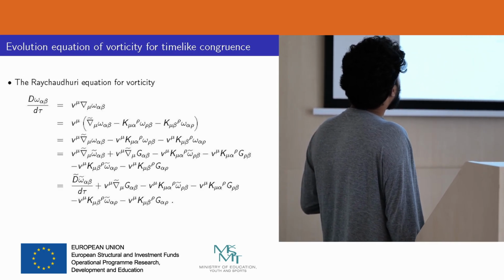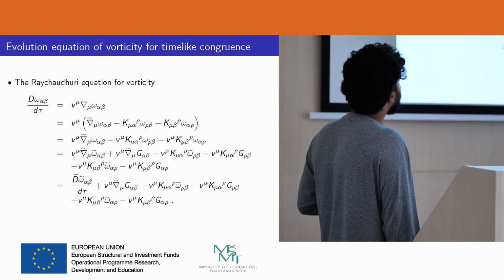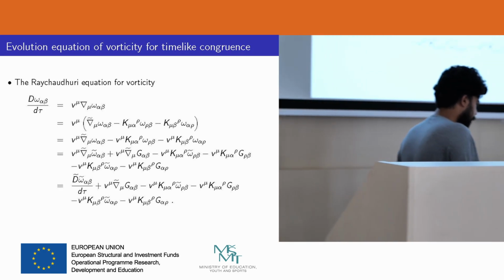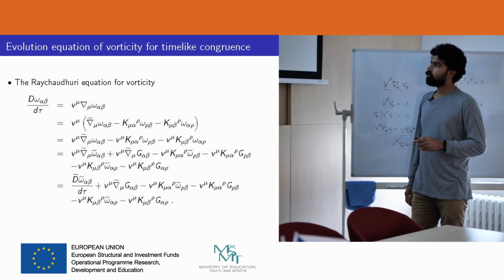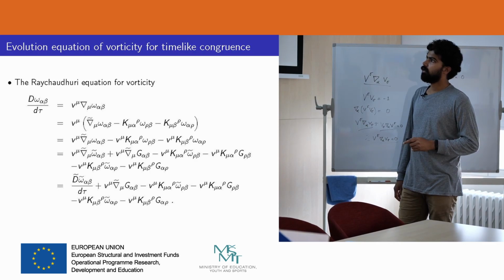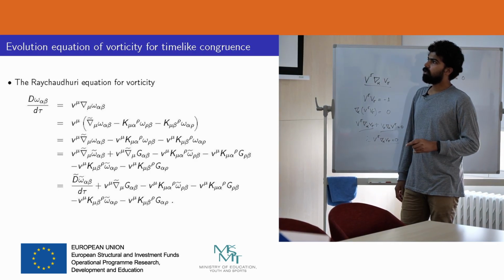And if we calculate the Raychaudhuri equation for vorticity, then basically we have some corrections due to torsion as earlier, which can be recognized here.